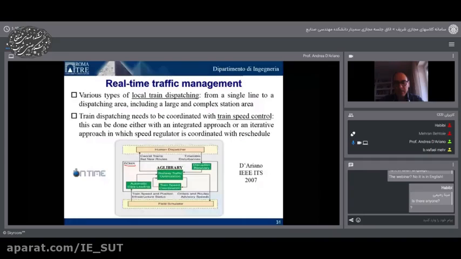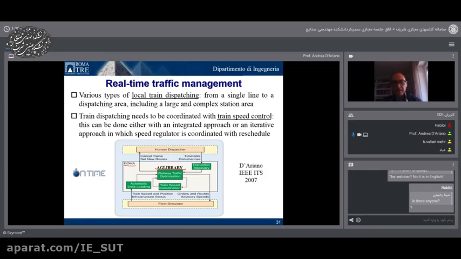The alternative graph representation of the problem, we will see later, is managed by another piece of software inside ROMA called the AG library. AG is alternative graph. Library means a collection of algorithms to solve problems represented as alternative graphs. As you can see, in the architecture of this solver, on one side you optimize traffic flows, and on the other side, in parallel and then coordinated, you find the train speed trajectory.